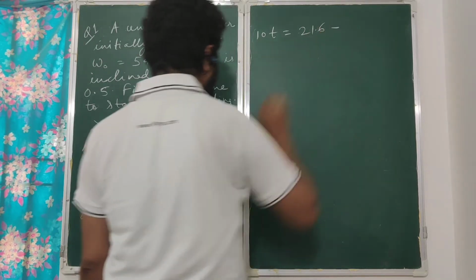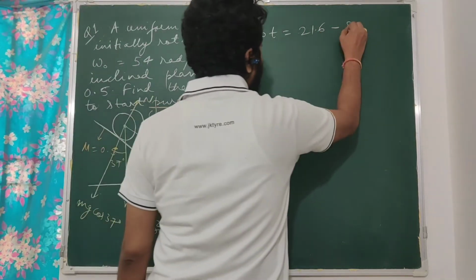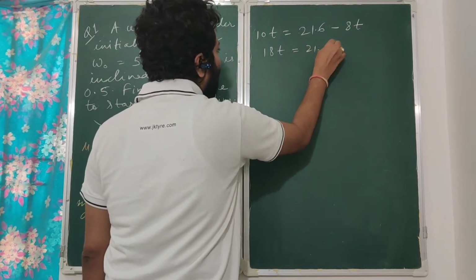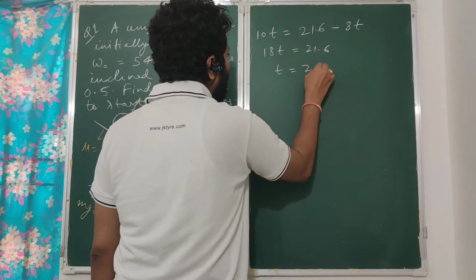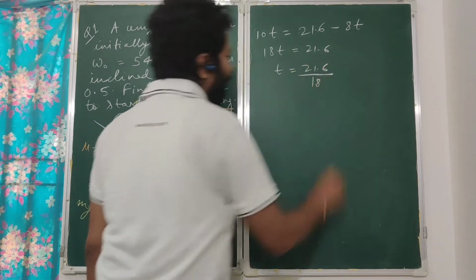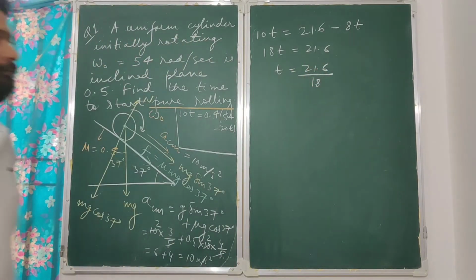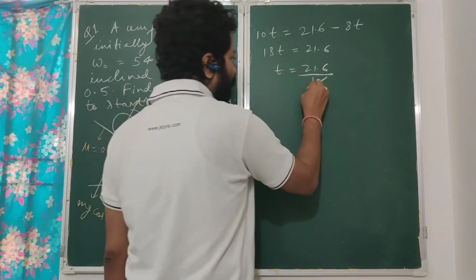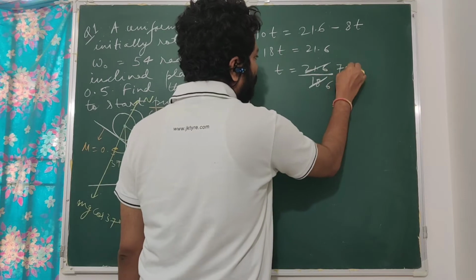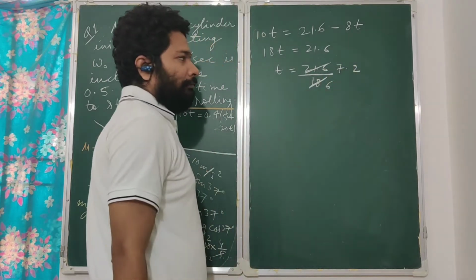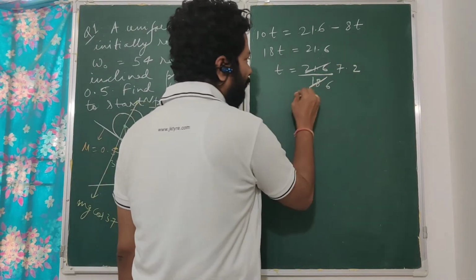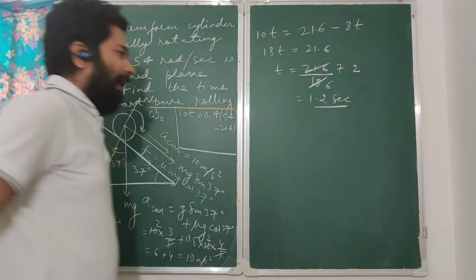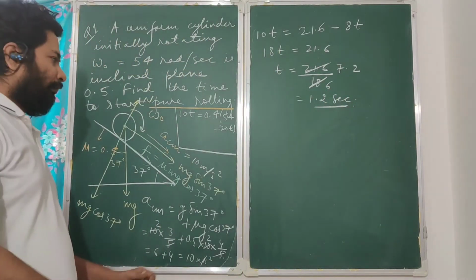Minus 8t. So it is 18t and that is equal to 21.6. So t is equal to 21.6 by 18. So how much is that? This will come as 1.2 seconds. So the answer for this question is 1.2 seconds.